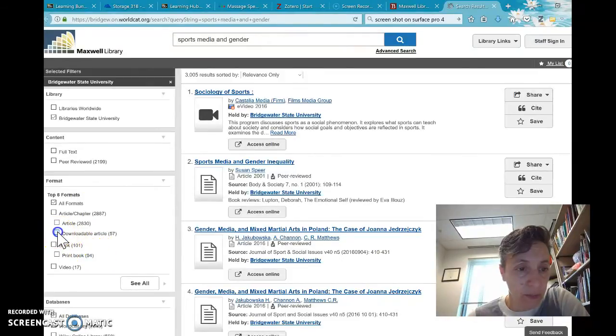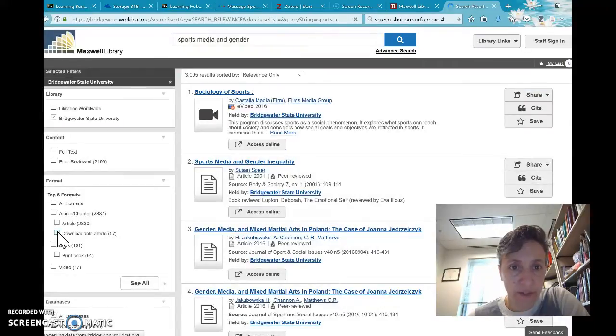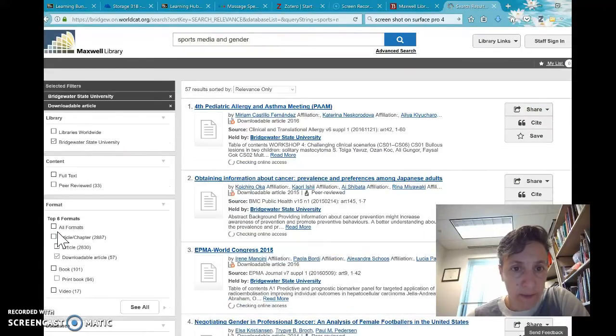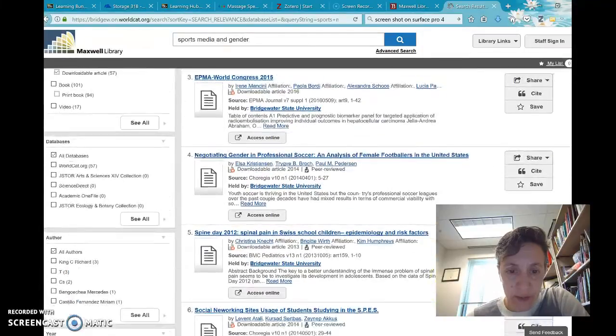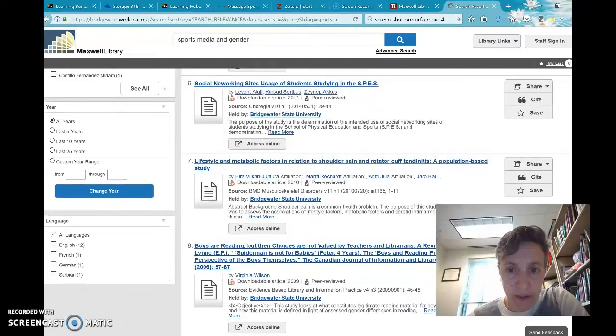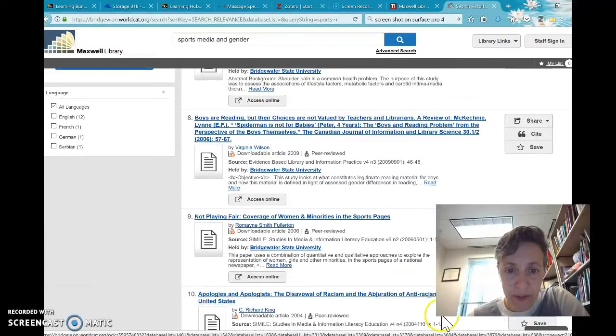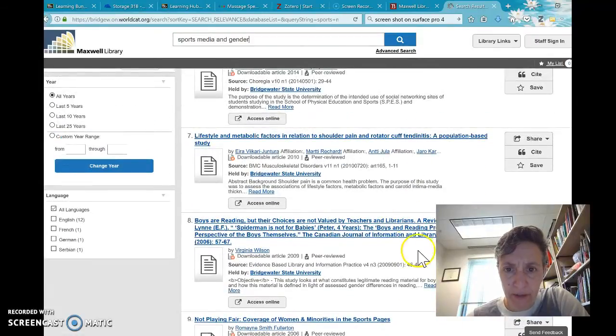If we look at the downloadable articles, we'll see how it limits that down, because at least 57 results are a lot more reasonable than the 3,000 something results. What's funny here is I don't see too many articles that are actually about sports media and gender. I see a lot of articles that are something about metabolic factors. I have no idea.